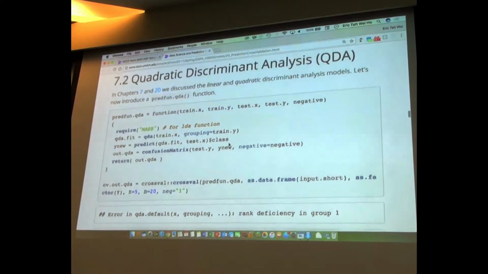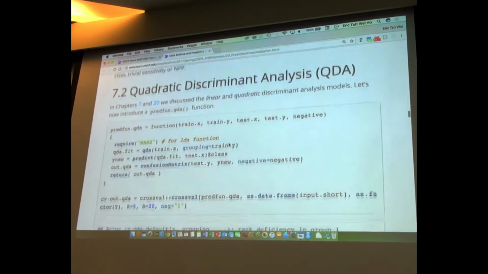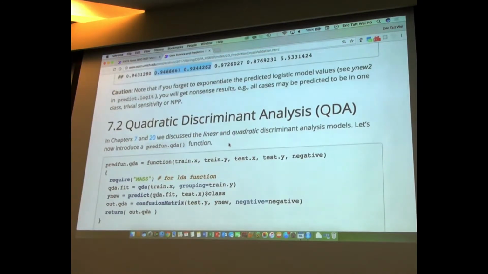Question. What if classes are unbalanced? Well, okay, so unbalanced. Two important things to watch there.